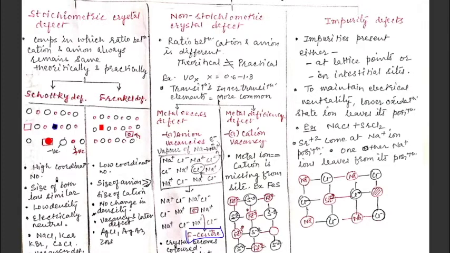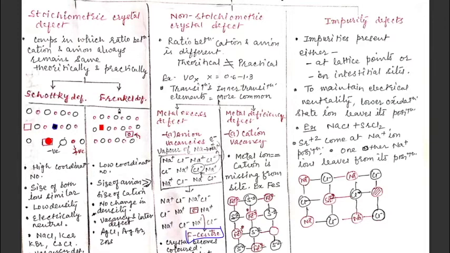Because of this Schottky defect, density of the solid becomes less. This type of defect is shown by those ionic compounds which have high coordination number, and of course when the sizes of both ions are similar, then this type of defect is seen.